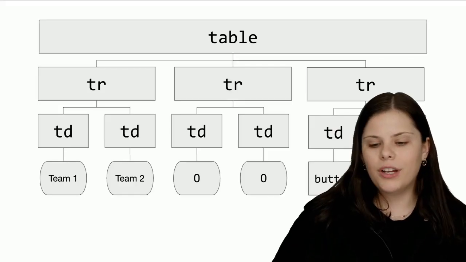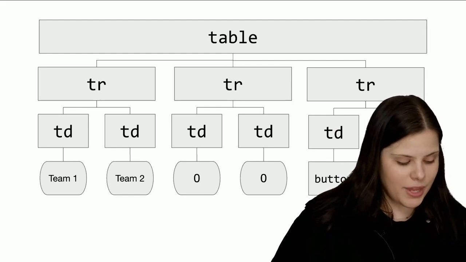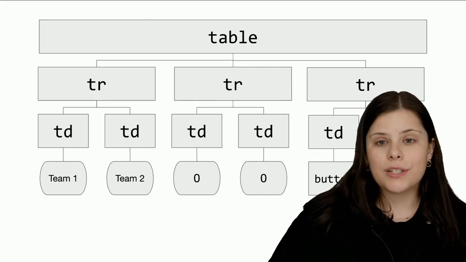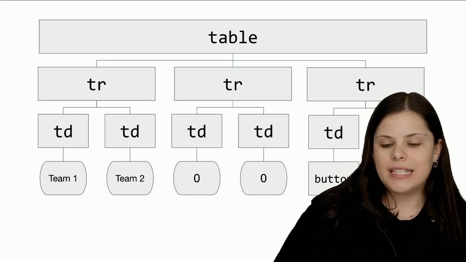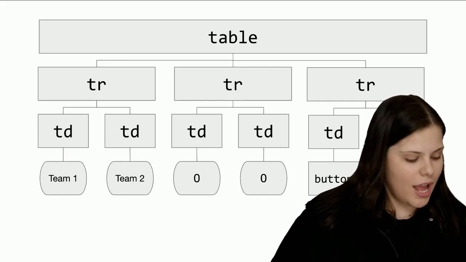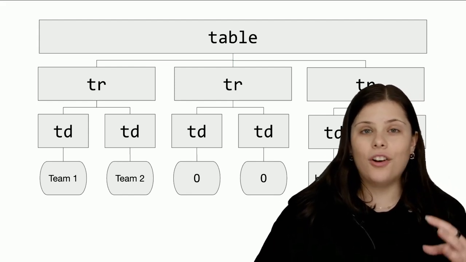So if we look at our table tree from before, some things that we can grab and modify are the elements or the tags themselves, right? For example, if I wanted to change the properties of every single element in my table, I might grab it by the TD tag.